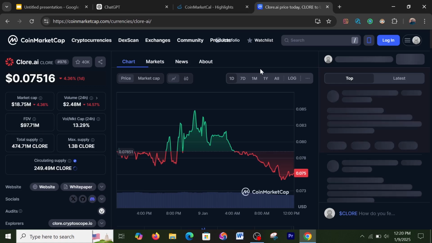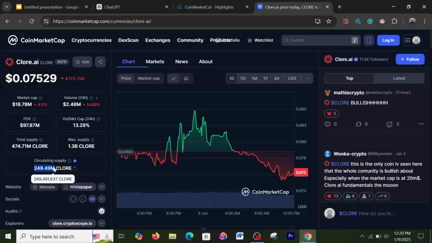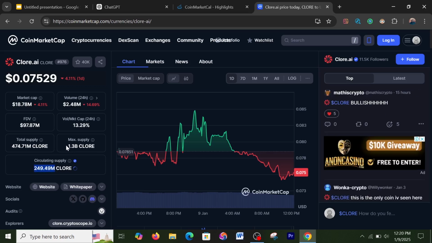Well, it's still okay, but this is a token that I would have to be careful with, because its circulating supply is so low compared to the maximum supply. So as more of its maximum supply is released, it will experience token dilution. It will experience price dilution.